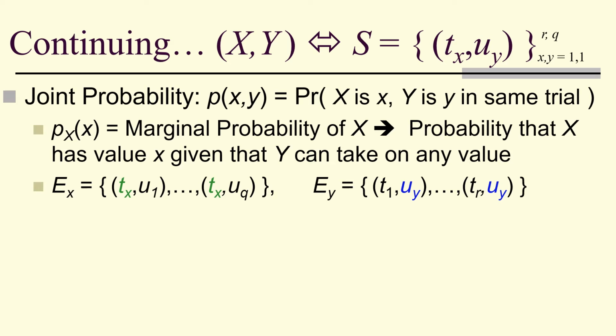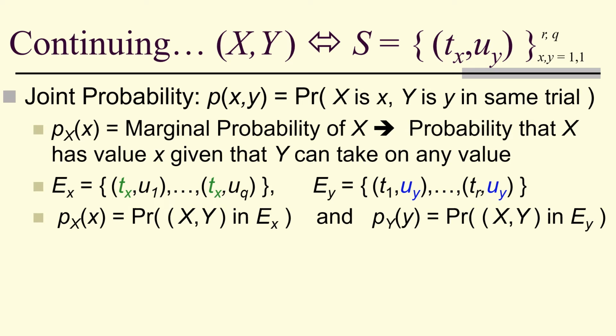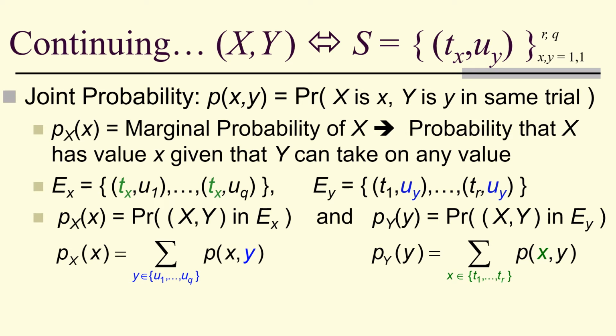E sub y is similar. So the marginal probability of little x is the probability that (X, Y) is in E sub x. And similarly for the marginal probability in y. That means that the marginal probability of little x is the sum over these y's of the probabilities, and the same with the marginal in y.